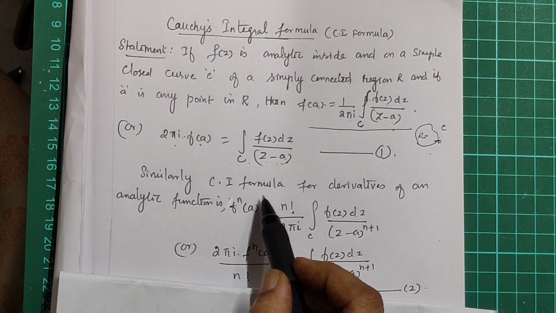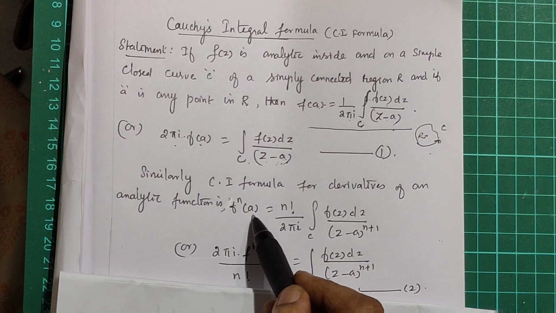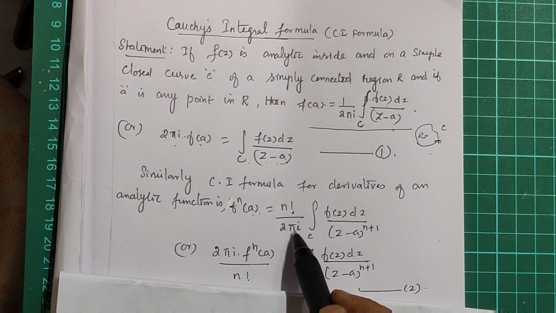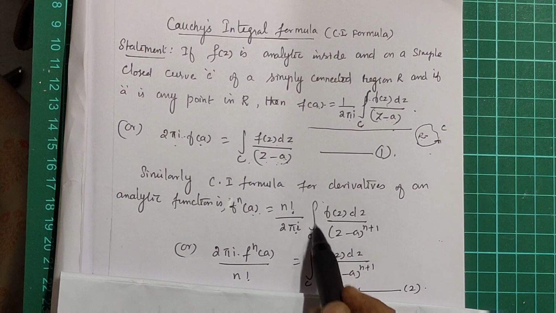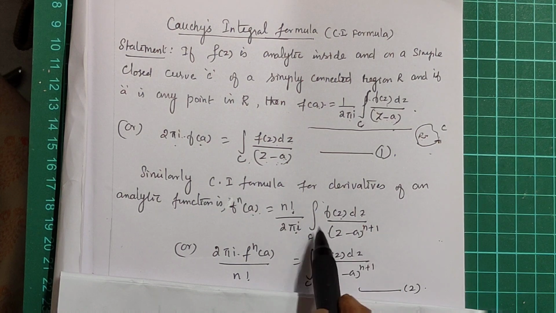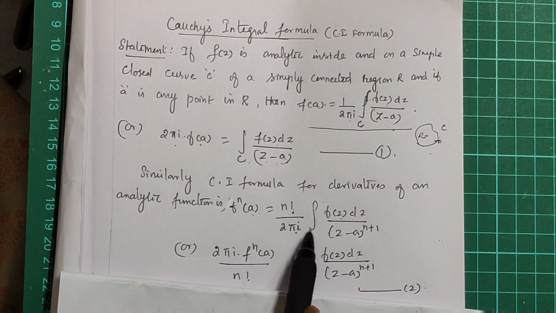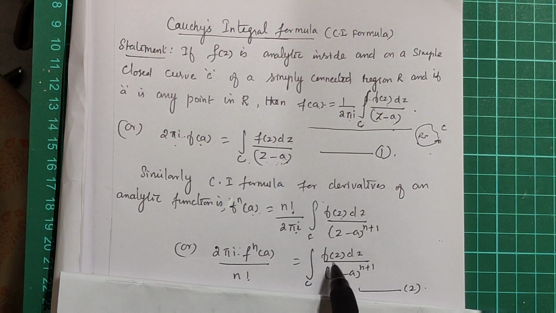Similarly, the Cauchy's integral formula for derivatives of an analytic function is given by f^n of A equal to n factorial divided by 2 pi i integration over C f of z dz divided by (z minus A) whole power n plus 1. I can write the same formula as f^n of A into 2 pi i divided by n factorial equal to integration over C f of z dz divided by (z minus A) whole power n plus 1.